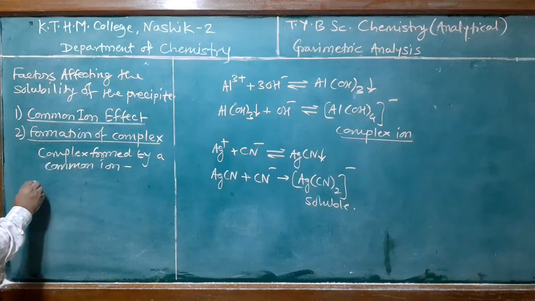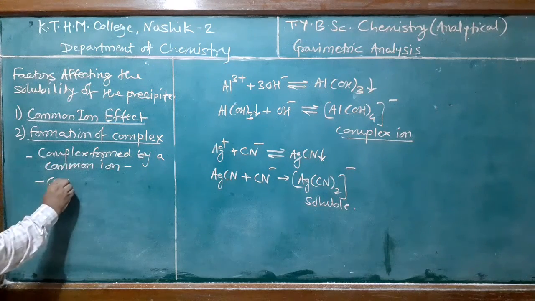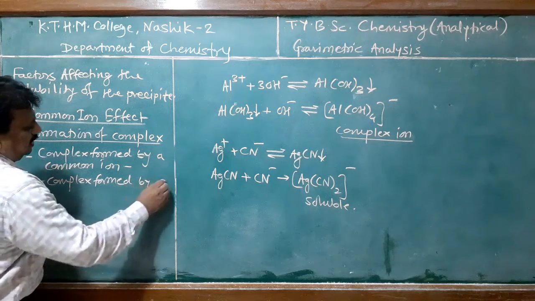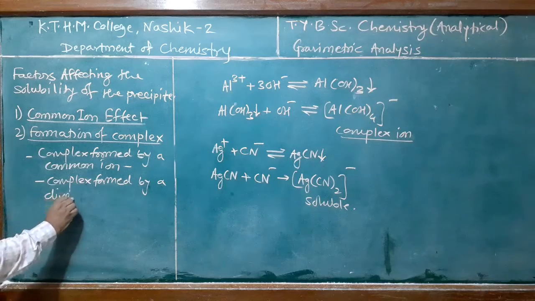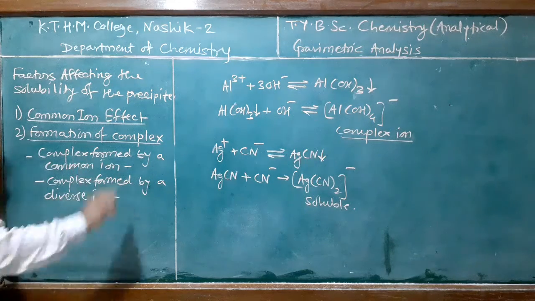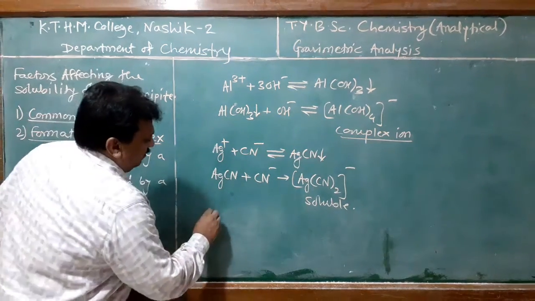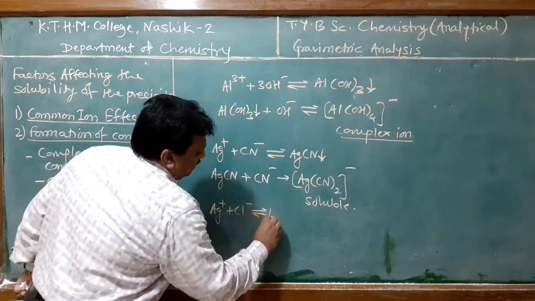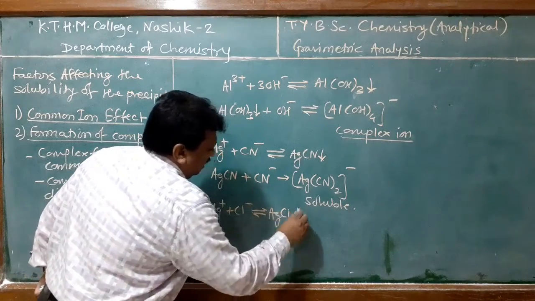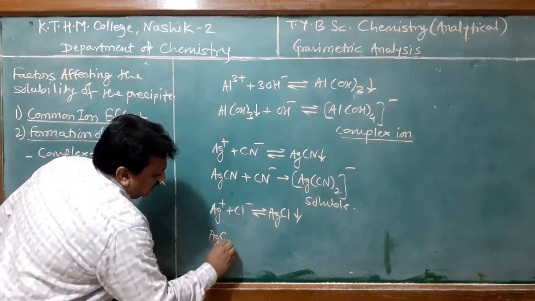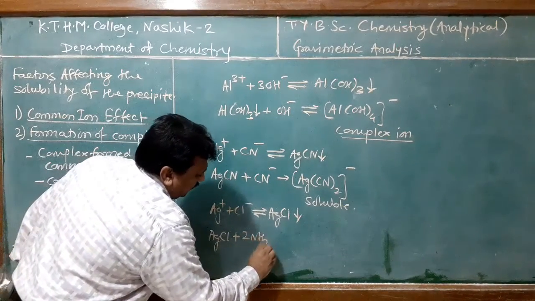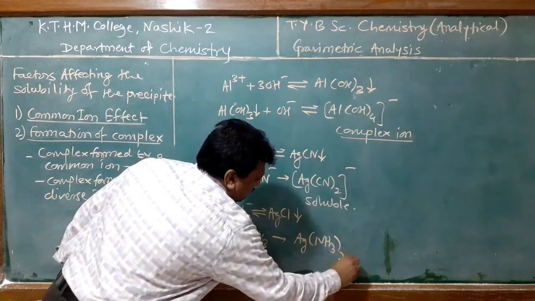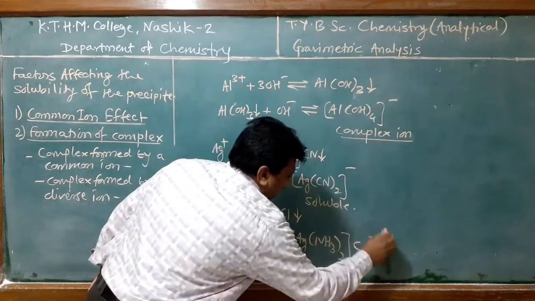The solubility of a precipitate may also increase when a complex is formed by a diverse ion. A diverse ion also increases the solubility of a precipitate. For example, we have Ag+ and Cl minus, it gives AgCl precipitate, and if we add ammonia, then AgCl plus 2NH3 gives Ag(NH3)2+ and Cl minus.